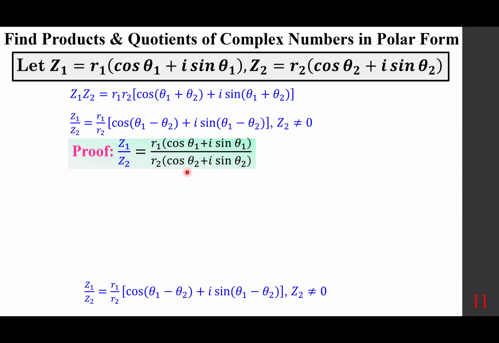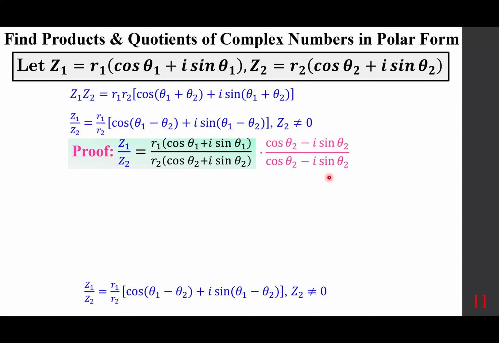And to prove that, we are going to multiply by the conjugate of cosine theta 2 plus I sine theta 2, which becomes cosine theta 2 minus I sine theta 2. We're going to multiply and divide by it. That is the technique that will do the job. And we are going to distribute this, and we're going to distribute this and simplify.